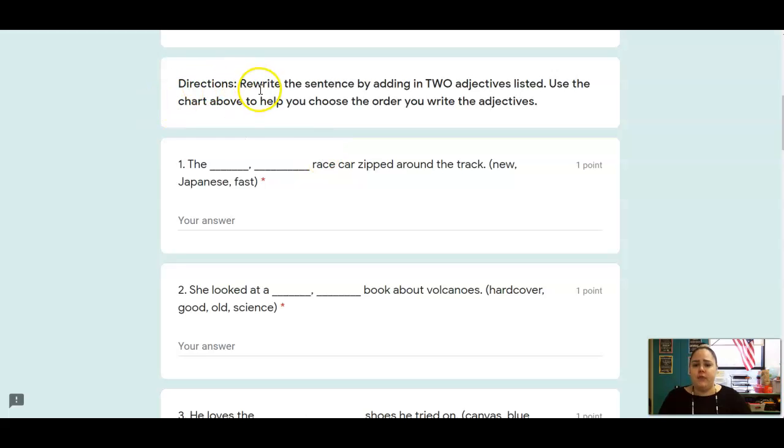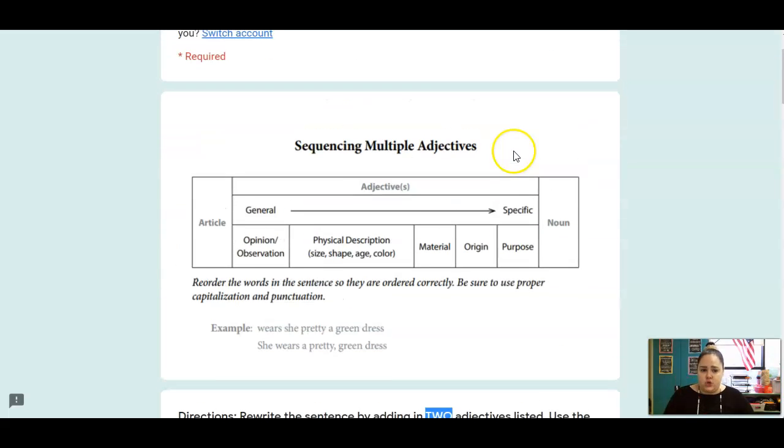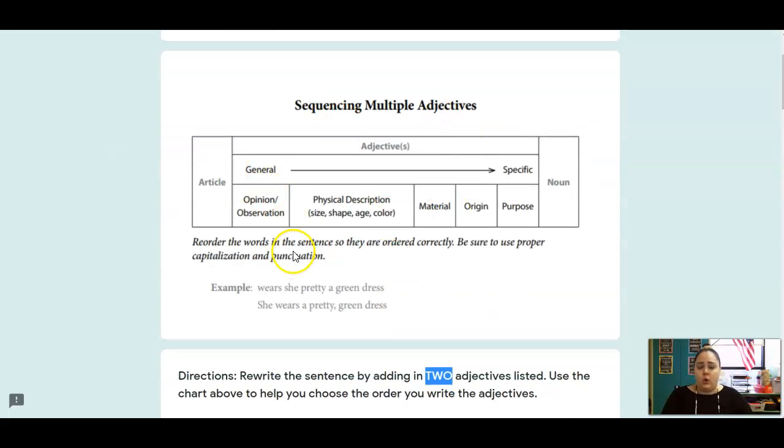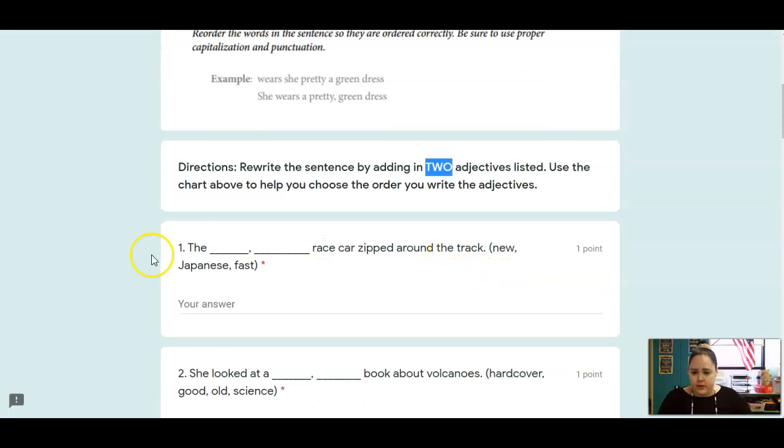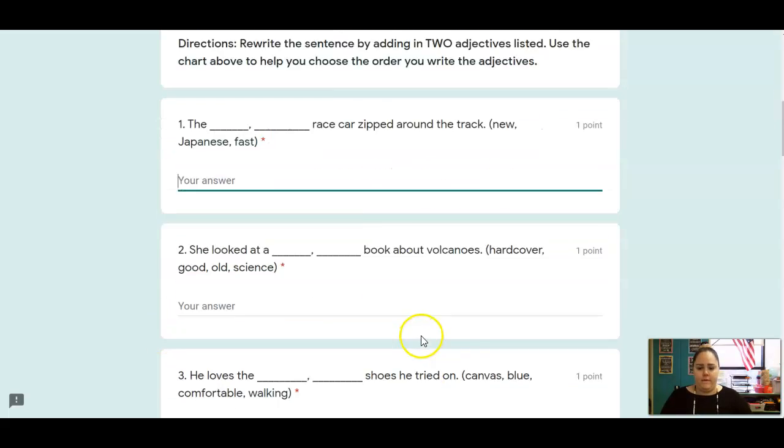Okay, so you're going to rewrite these sentences, and you're going to pick just 2 of the adjectives that are listed and use the chart here to figure out what order you need to put them in. So the blank blank race car zipped around the new track. You're going to pick 2 of these, new, Japanese, or fast. Plug it into the sentence and rewrite it here.